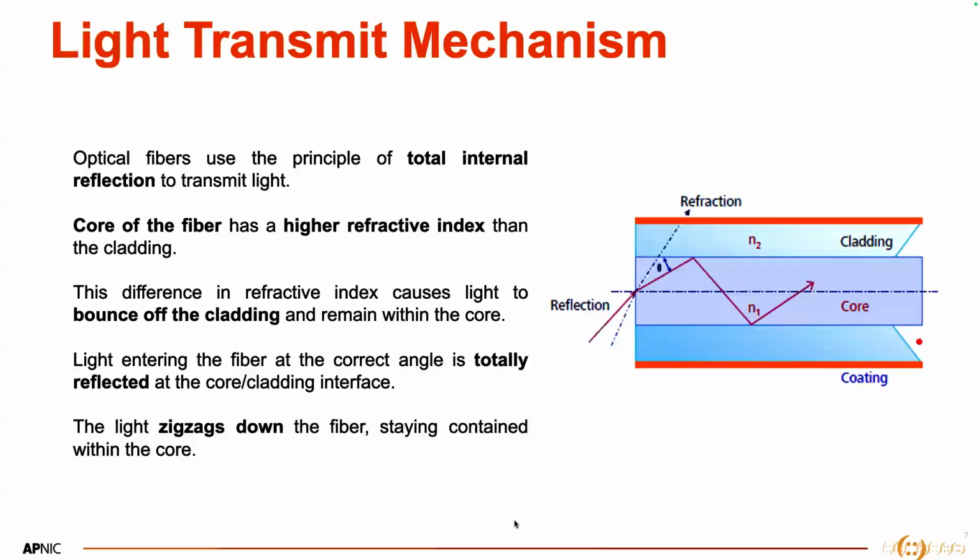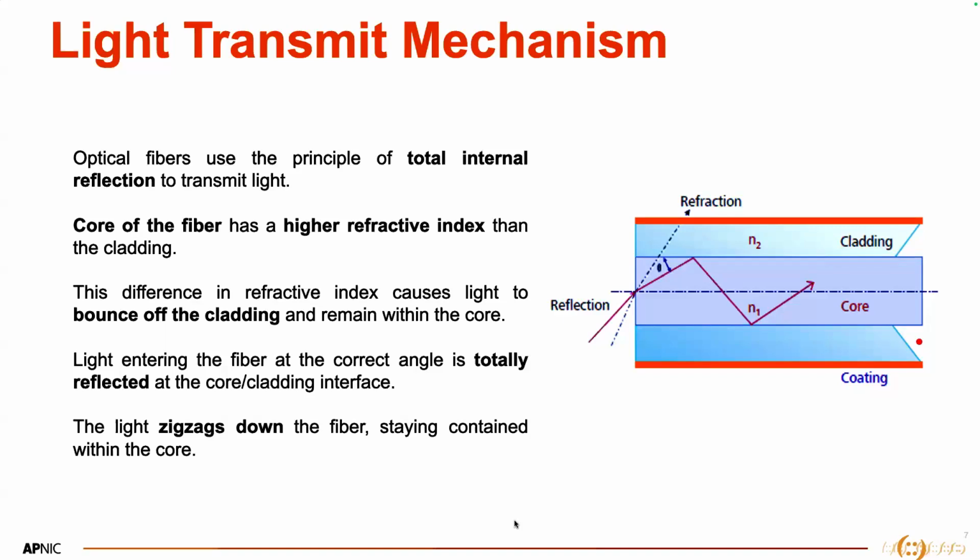As I was saying, how light moves forward within a fiber core. As you can see, this is a lateral bisection of a fiber. There are the glass core and the cladding. Light is sent through the fiber and it falls into the core of the optical fiber in such a way that the angle of incidence is larger than the critical angle, and thus light is completely reflected inside the glass core only.